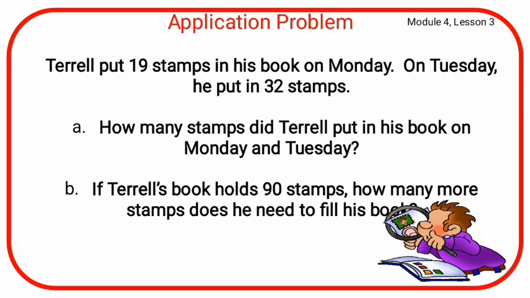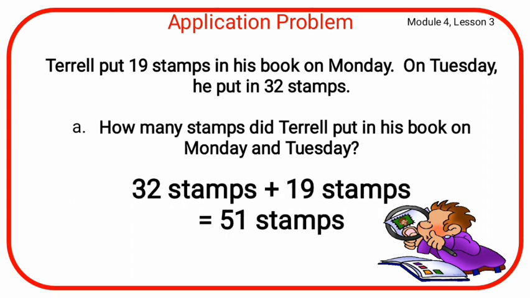We take one step at a time. The first thing is, let's find out how many stamps he put in his book on Monday and Tuesday. And that should be an addition problem. Terrell puts 19 stamps in his book on Monday. On Tuesday, he put in 32 stamps.